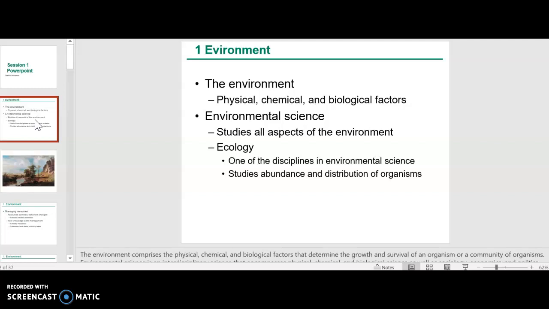For my master's, I went into policy. One area that you could zoom in on is ecology. Ecology is one of the disciplines in environmental science, and it studies the abundance and distribution of organisms. And if you look down here, you can see additional notes that I have on these slides.